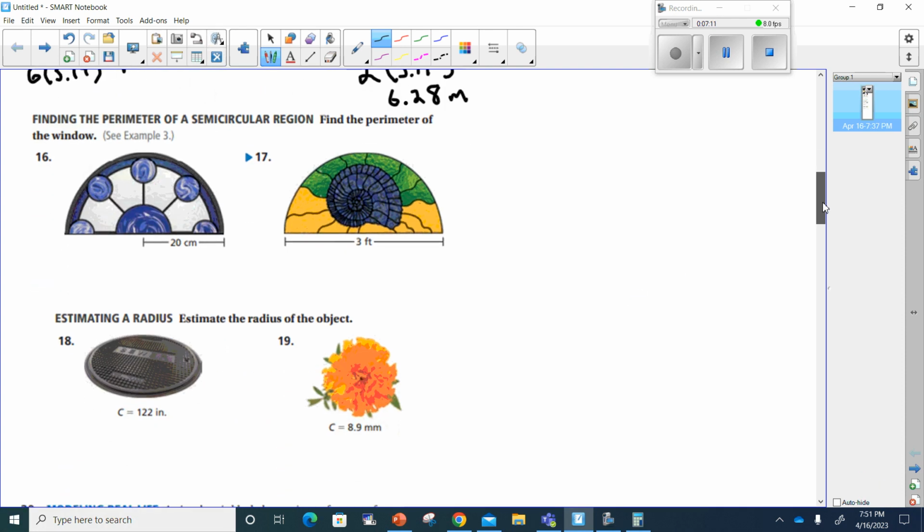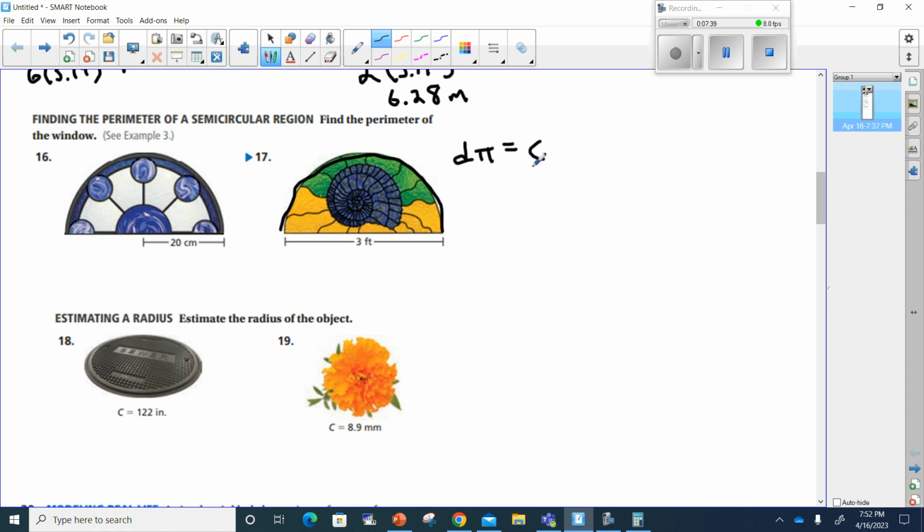All right, let's look at number 17 next. Find the perimeter of the window. Perimeter means what is the outside, right? So we're looking at this entire area here, which is half of a circle, half the circumference of a circle. Since I know the diameter, diameter times pi is going to give me the circumference, and I need half a circumference.